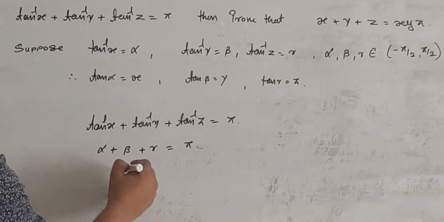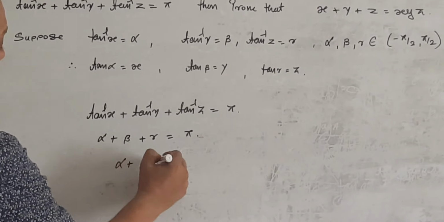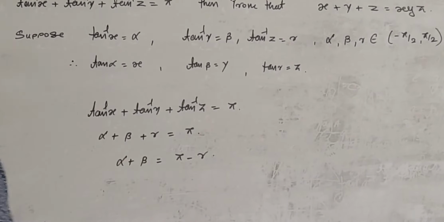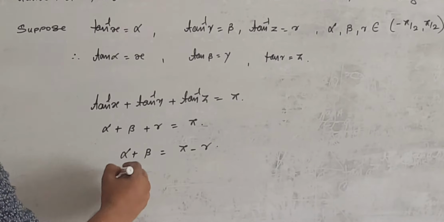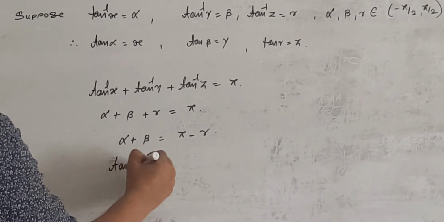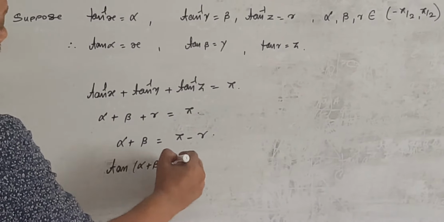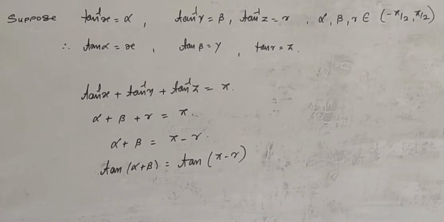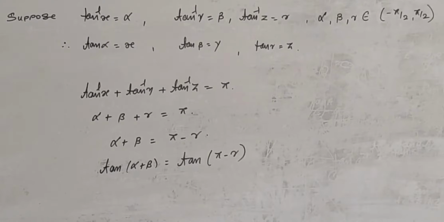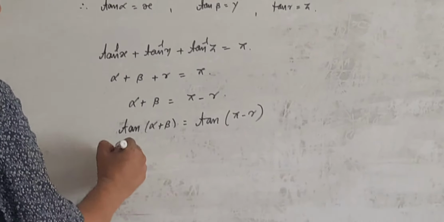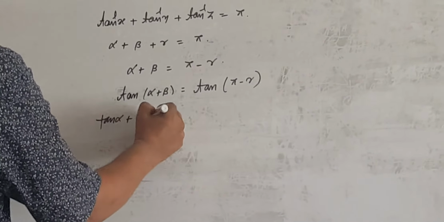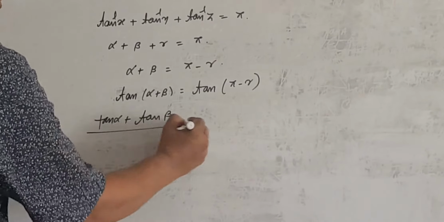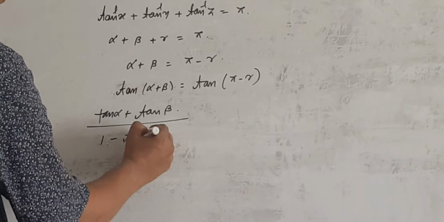If I take gamma to that side, alpha plus beta is pi minus gamma. We take tan on both sides, so tan of (alpha plus beta) is tan of (pi minus gamma). We apply the rule: tan of (alpha plus beta) means what? Tan alpha plus tan beta upon 1 minus tan alpha tan beta.